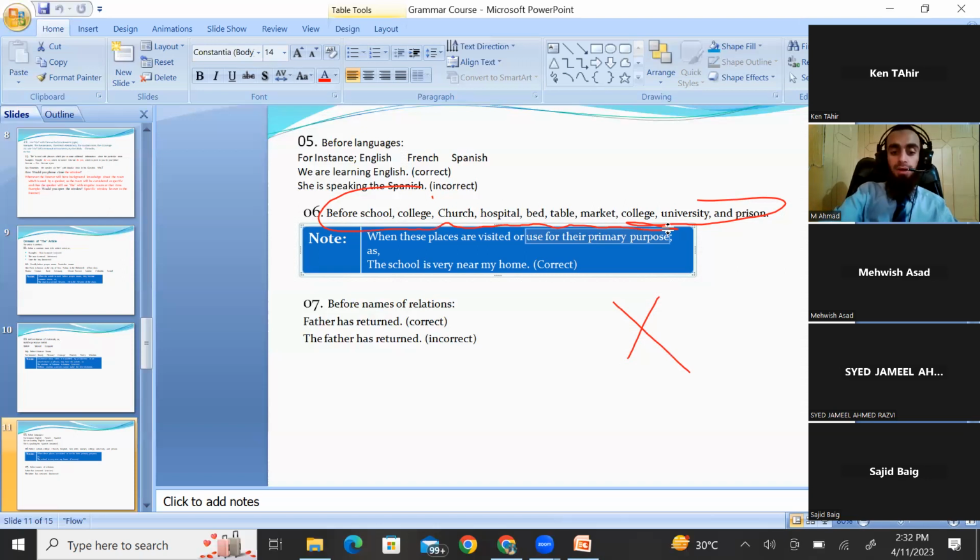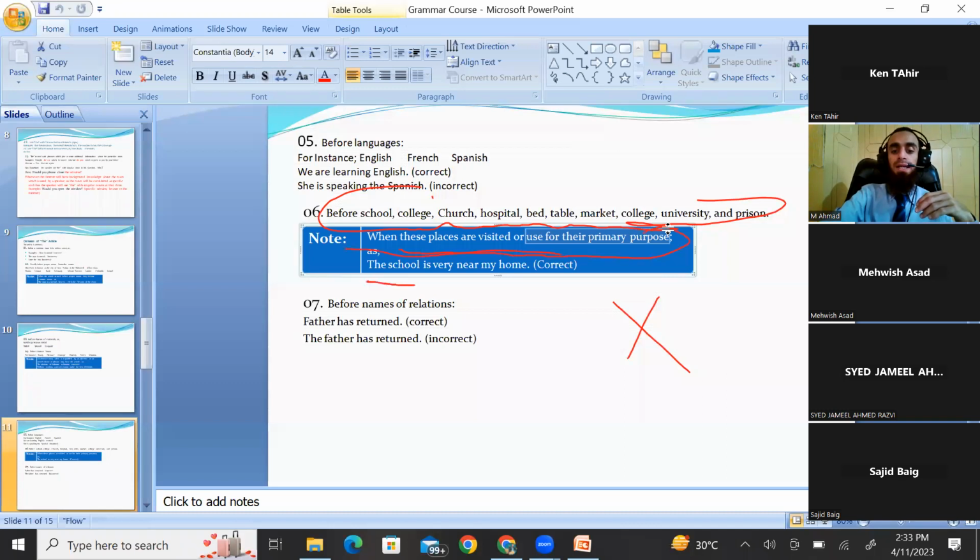For example, when these places are visited for their primary purpose, then "the" is not used. What this statement means: if the place is particularized, then you are going to use "the" before that.